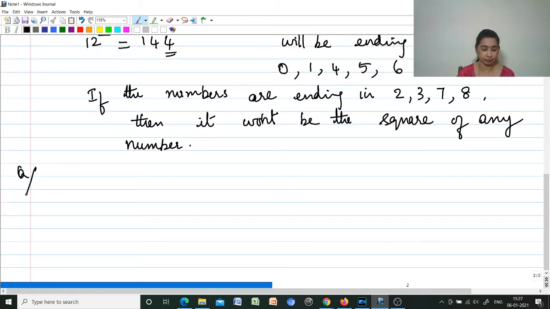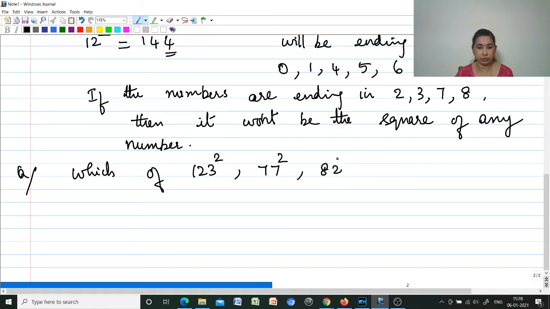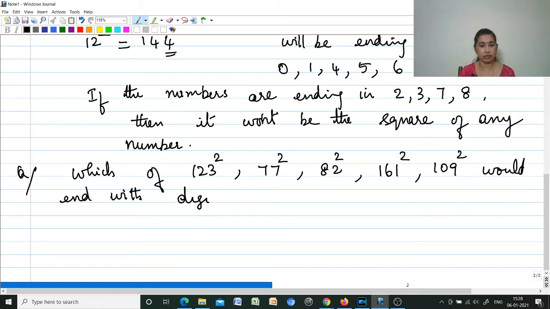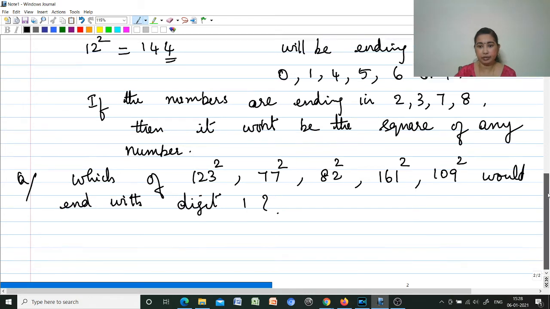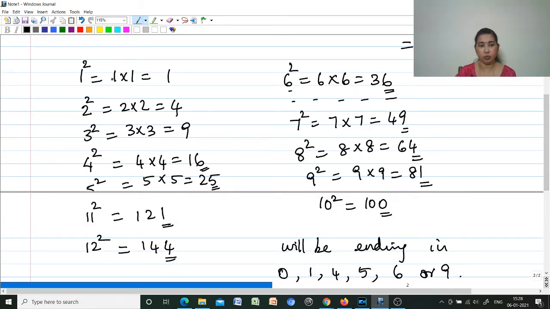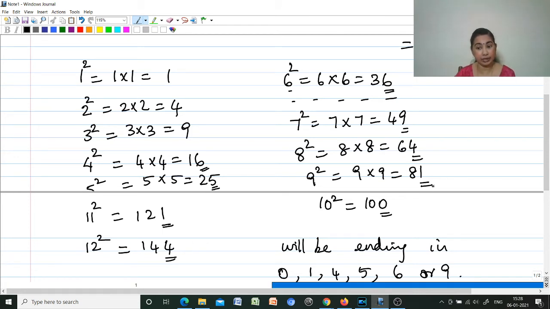Then, one question. Which of 123 square, 77 square, 82 square, 161 square and 109 square would end with digit 1? We can see from the table itself that 1 square is 1, and 9 square is also ending in 1.